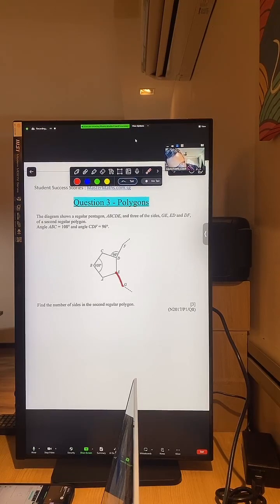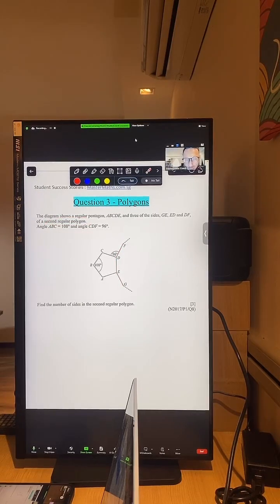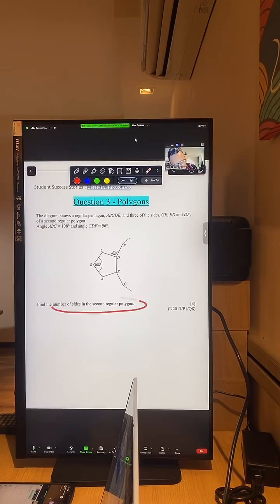GE, ED, and DF of a second regular polygon. But they don't tell you what this other polygon is. They don't tell you whether it is a decagon or nonagon or whatever. You have to find out. The question is asking you to find the number of sides in the second regular polygon.